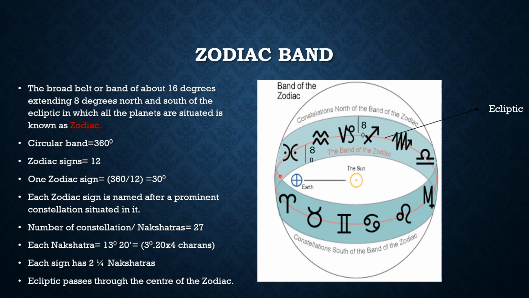And remember, the ecliptic is always in the center of the zodiac. So 8 degrees north and 8 degrees south, the band will be created, and that is called the band of the zodiac. All the planets are situated within this band, either 8 degrees north or 8 degrees south of the ecliptic, which is the apparent path of the sun.